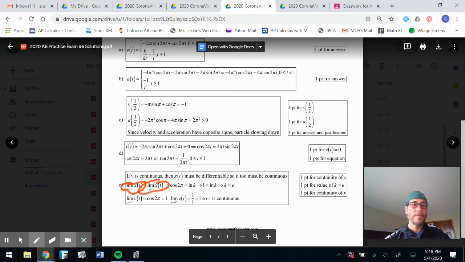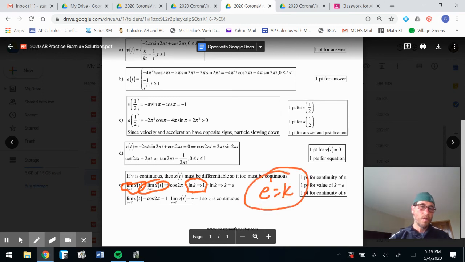If you do all of that correctly, you get this statement right here. Cosine of 2 pi would be 1. You plug in the 1, you get the natural log of k. If you solve that correctly, that'd be log base e of k equals 1, which would be e to the first equals k. So that's what k would have to be for it to be continuous.